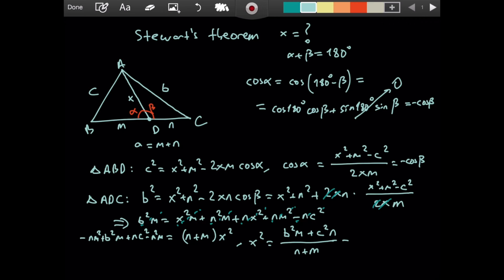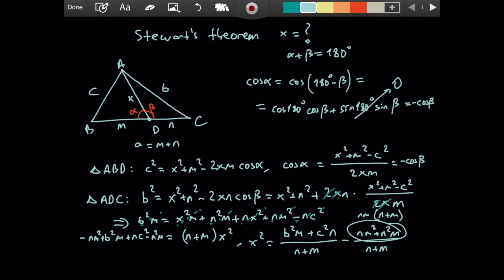For the other term, we have n squared m plus nm squared divided by n plus m. And if we factor this part, it is going to factor as nm times n plus m.